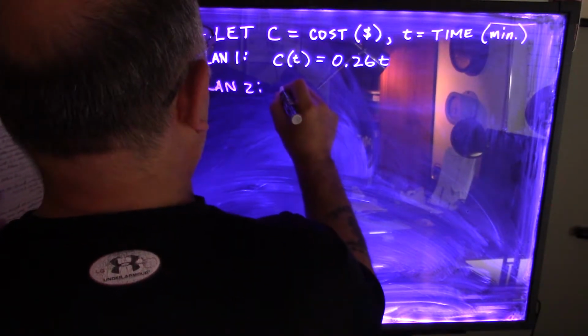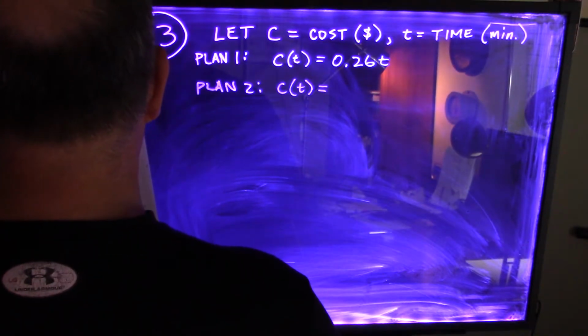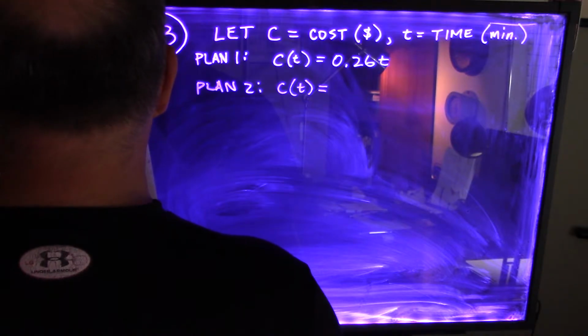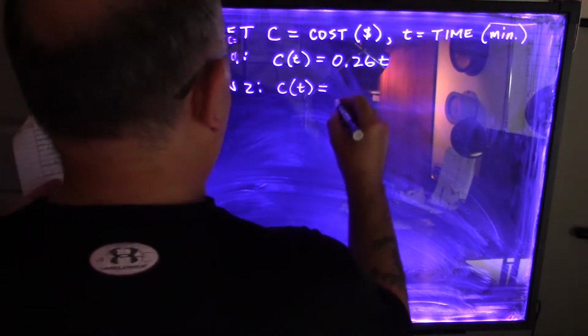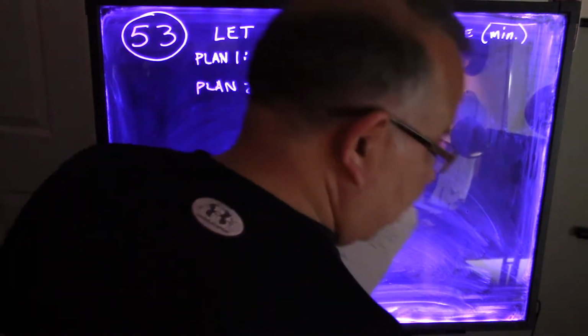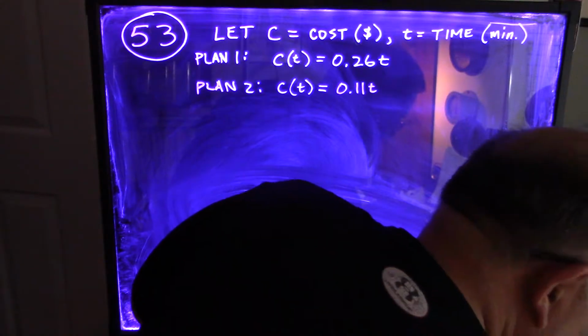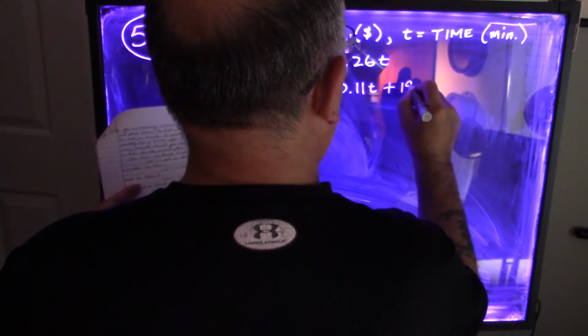So we've got C of t is equal to, what does it say, 11 cents a minute plus a flat monthly fee of $19.95. All right, so that would be 0.11t. There's your 11 cents a minute. And plus $19.95.